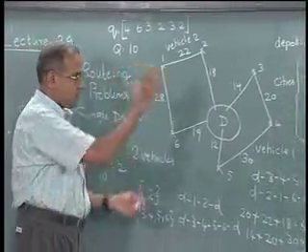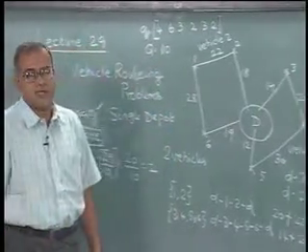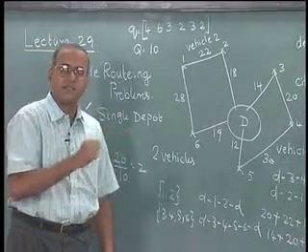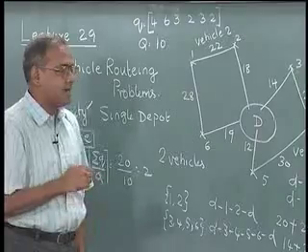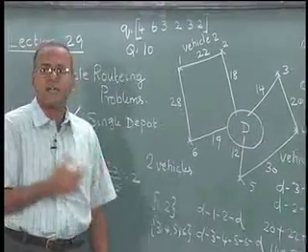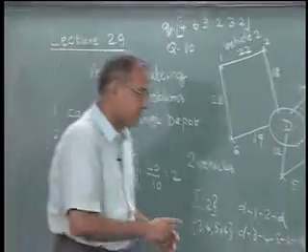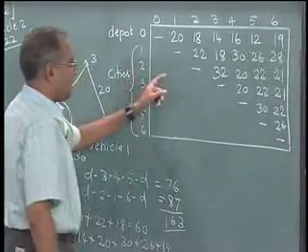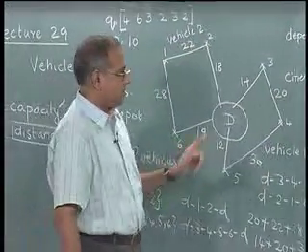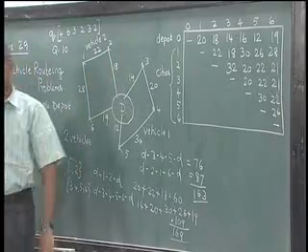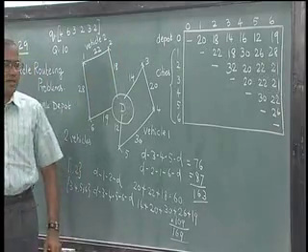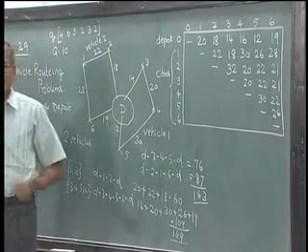So, there is a strong relationship between these two problems, and therefore, we try to see if we can get solutions to the VRP that are based on solving travelling salesman problems. Now, in order to do that, let us assume, to begin with, that we can solve the vehicle routing problem, as mentioned in the earlier lectures, in 3 different ways.